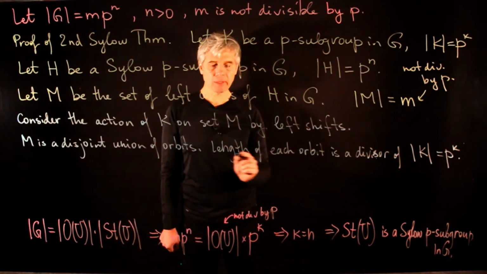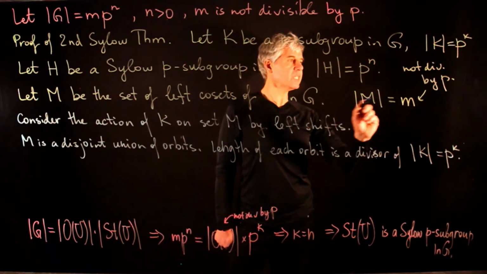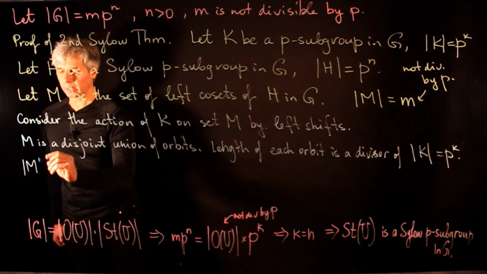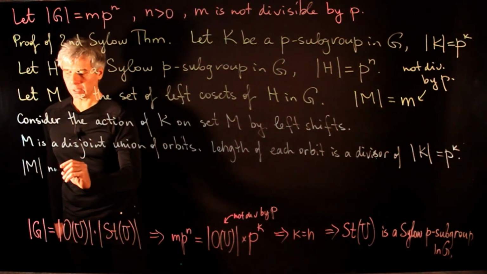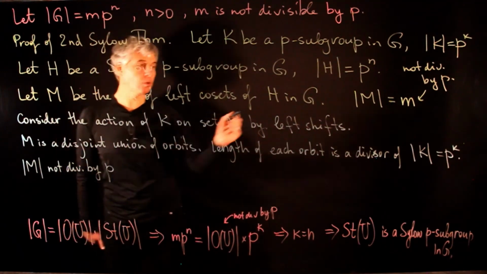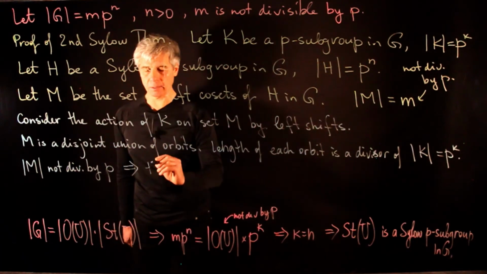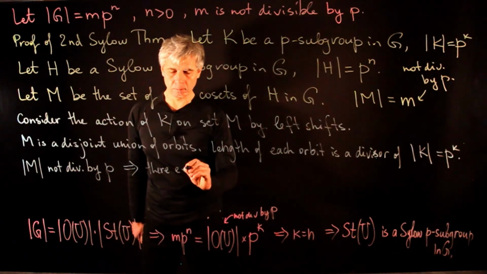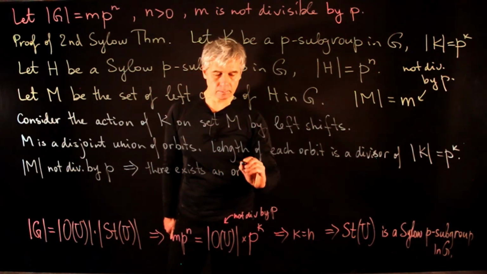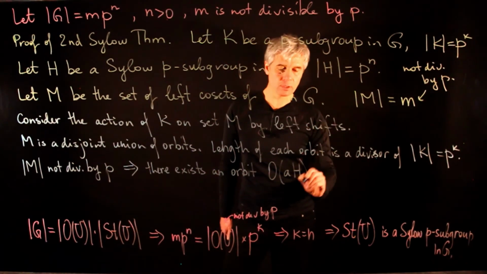And thus, the length of each orbit is a power of p itself. However, the size of our set is not divisible by p. So since the size of M is not divisible by p, and the size of each orbit is a power of p, this tells us that there exists an orbit of some coset aH of length 1.